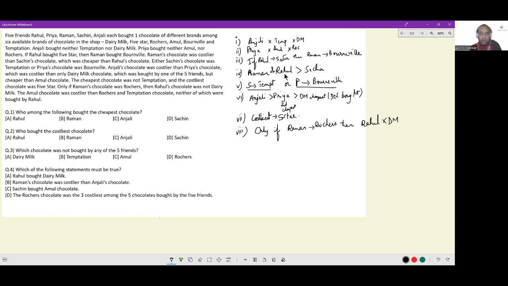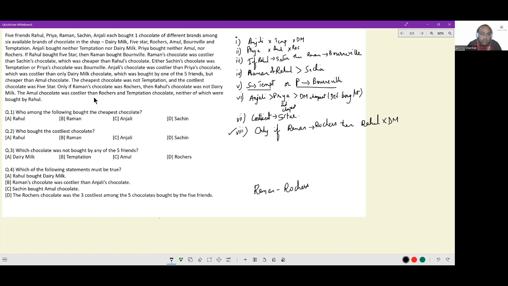Rahul does not have the cheapest chocolate, since Rahul has a chocolate more expensive than Sachin's. So Rahul does not have Dairy Milk is guaranteed, which also means for this to happen, Raman has to have Rochers. So Raman and Rochers are definitely a pairing. They are definitely together. This point is already taken care of.